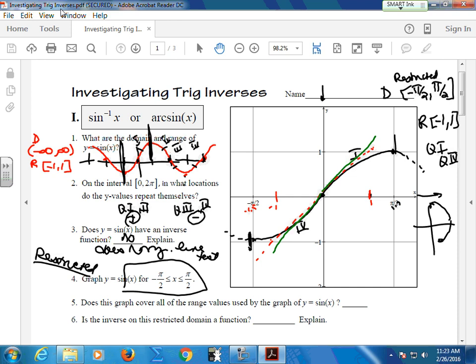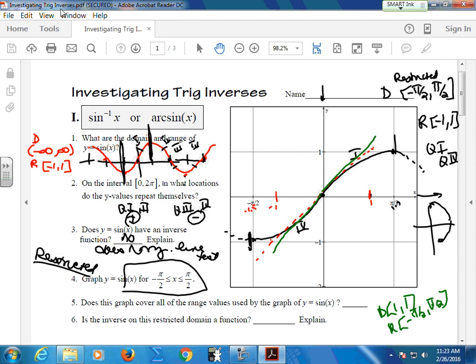So your inverse curve domain will say -1 to +1, because didn't we change this now to 1s? We changed it to 1s on you. Your range will say -π/2 to π/2. And again, I'm not concerned about that.